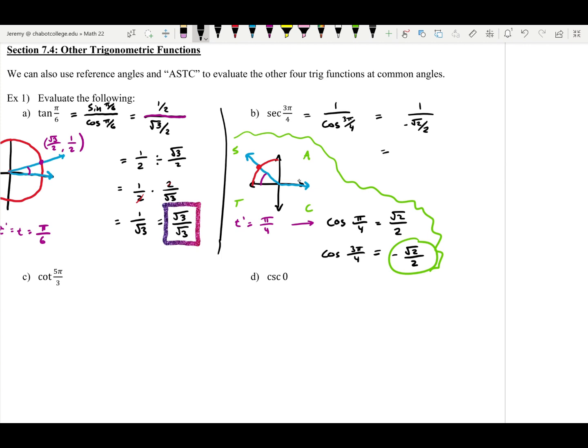This is the same as 1 times the reciprocal of the denominator fraction, so it's really 1 times 2 over negative root 2. So I'm getting 2 over negative root 2, or if I rationalize that denominator, it simplifies to negative root 2.